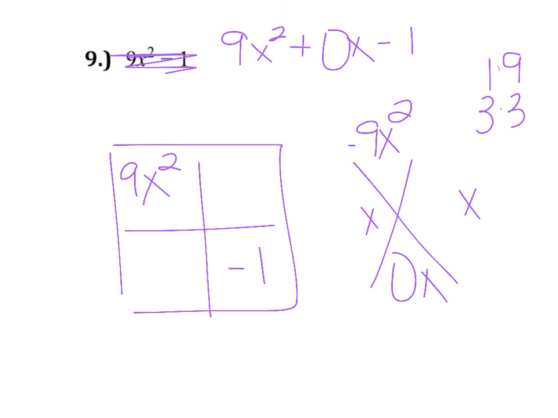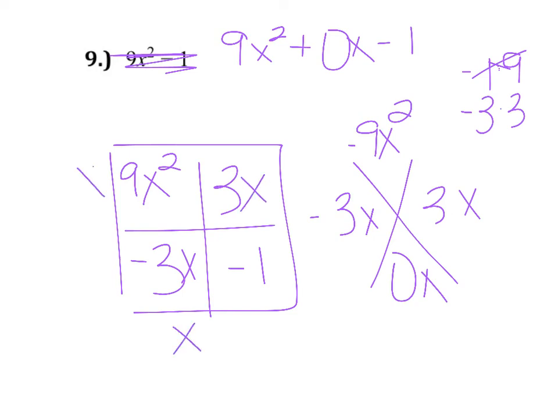Those are the only two choices. Now, for it to multiply to give us a negative 9 but add to give us 0, one of them has got to be a negative and the other one has got to be a positive. So if we take a look at our choices, the 1 and 9 don't work, but negative 3 and 3 will.